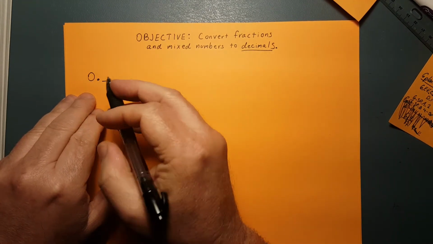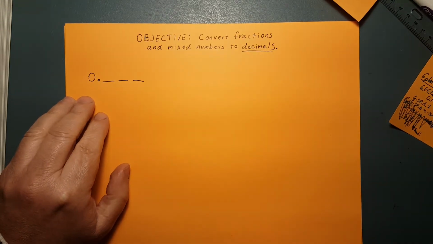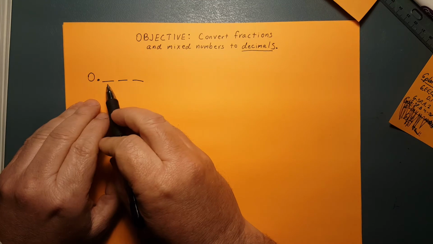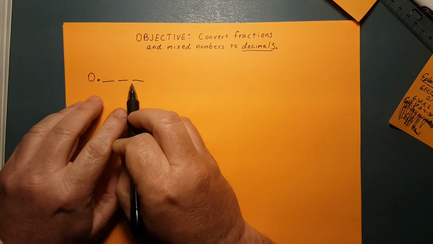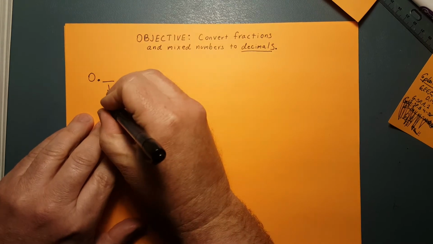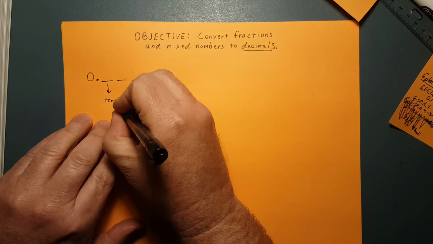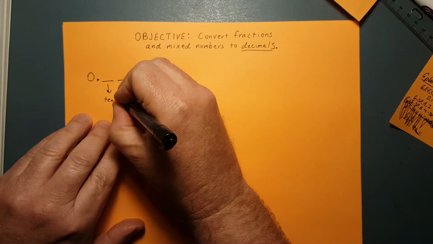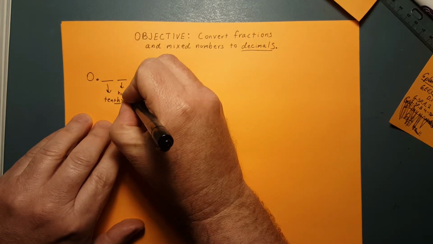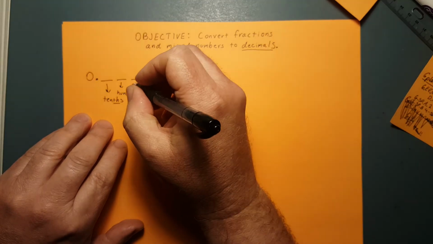This is 0 and you'll have to know the names of these three places. Think right now, do you know the names of this place, and this place? Hopefully you remember this is called the tenths place. This is called the hundredths place.